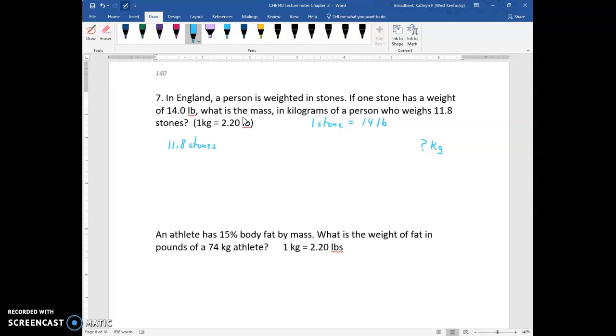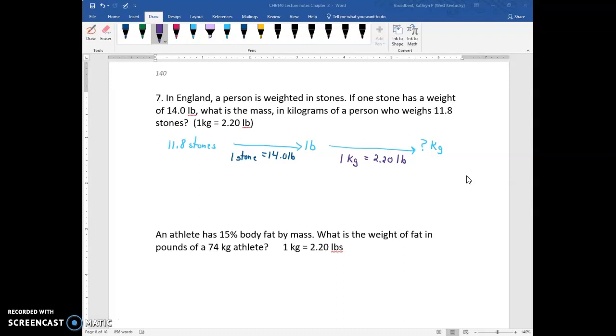We also know how many kilograms per pound. So what we can do is we can convert our stones into pounds and then take our pounds and convert them into kilograms. So here I've written out our plan.